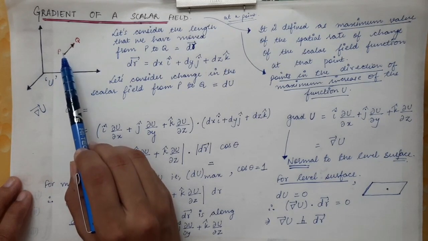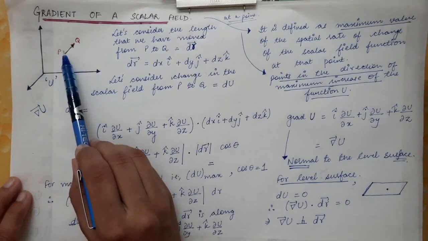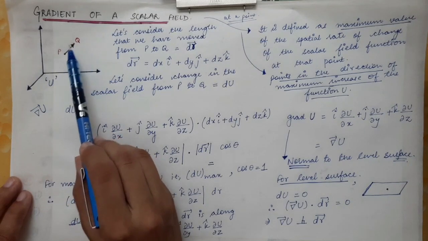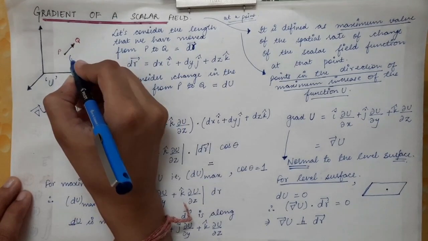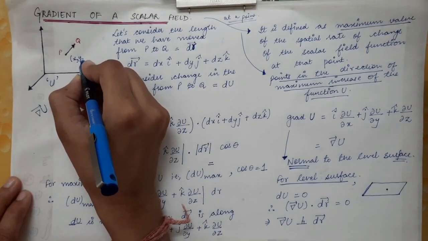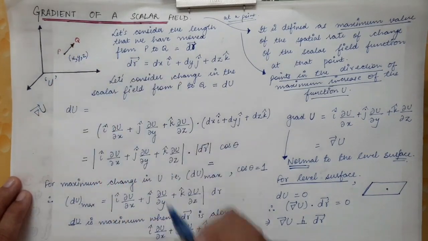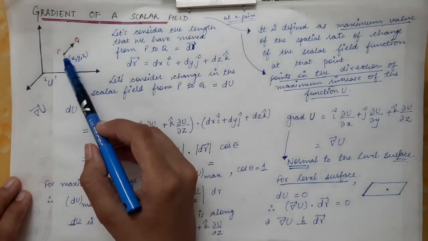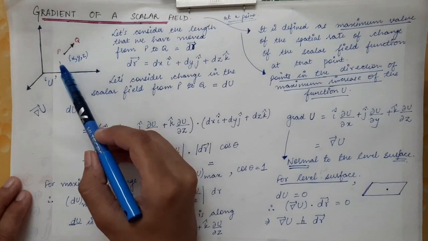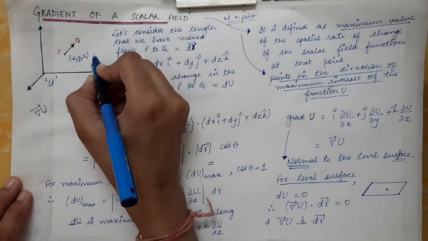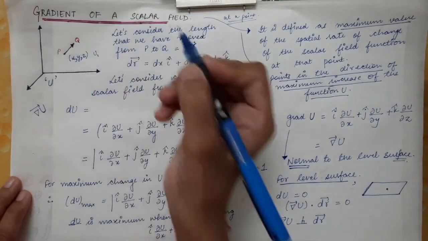Now we are moving from point P to some another point Q. At point P, let's say the coordinates are X, Y and Z. At point P there is some value of the scalar function, let's say that is U1.